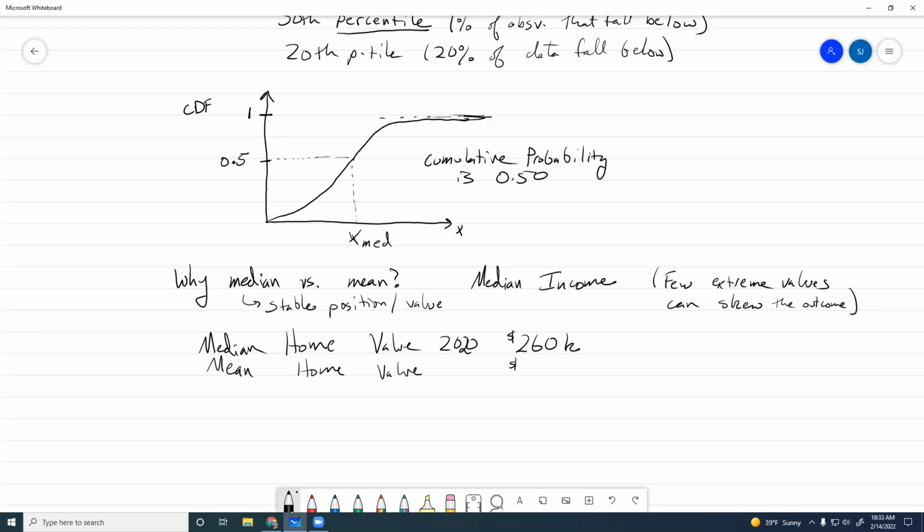It was bigger. It was 315. Right? We probably have dozens or hundreds of multi-million-dollar homes, but most of them are not. This has probably gone up a lot, unfortunately, because of everything that's going on, making it harder to afford homes. So that's why we often report the median home value.